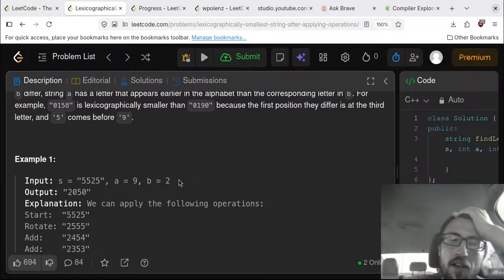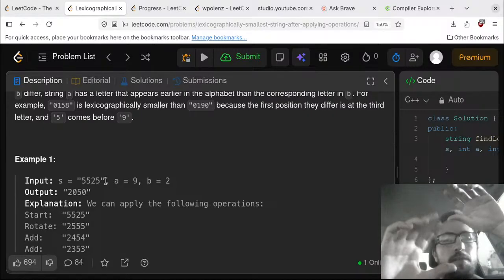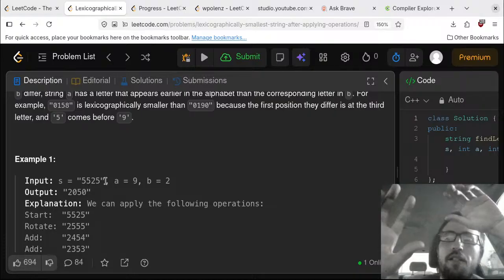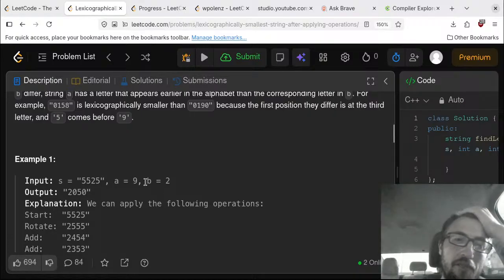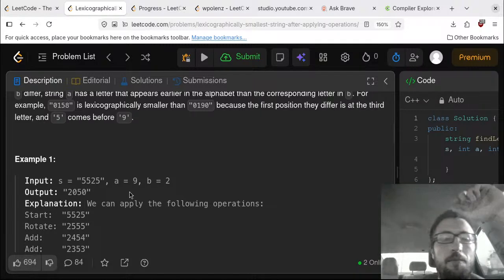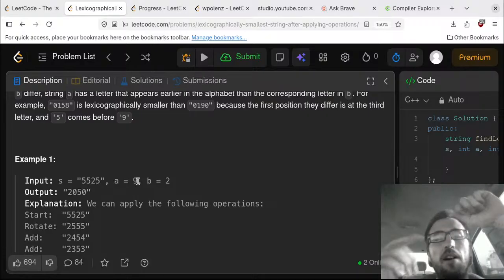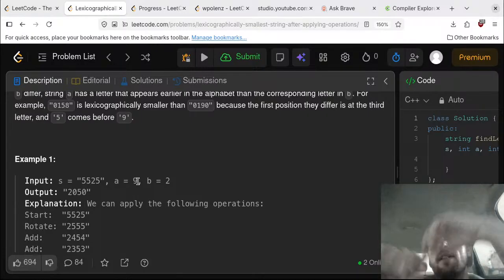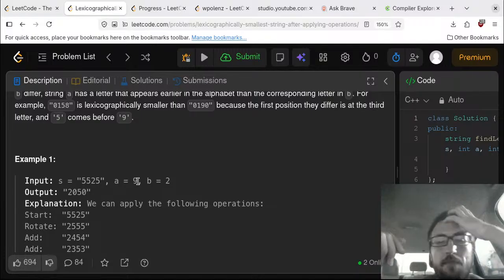Number one, the rotation doesn't actually move any of the even indices positions into an odd position, meaning if B is even, the only possible choices you have are going to be exactly what I described, where there's those different possibilities for A mod 10, A times X mod 10, whatever you want to call it.